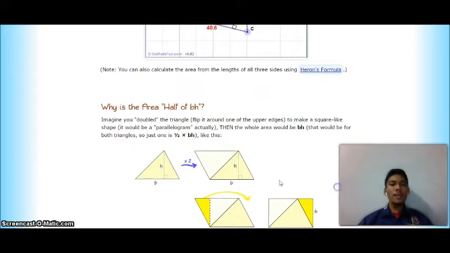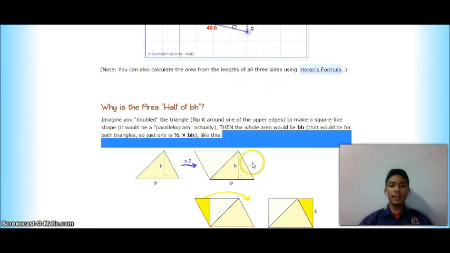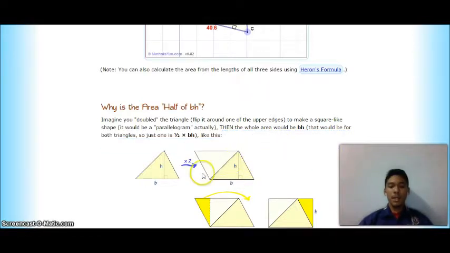So next, why is the area half of base times height? If you put a triangle and add it up with another triangle, it will be a parallelogram, right? If you want to calculate the area of the parallelogram, you use base times height.